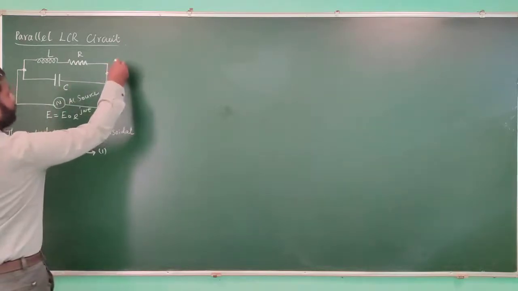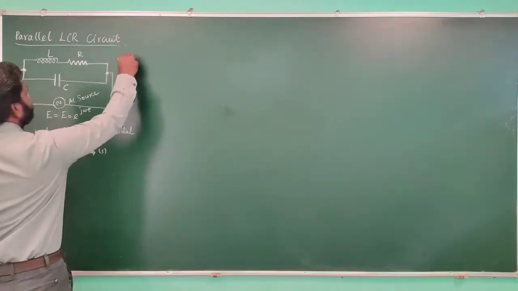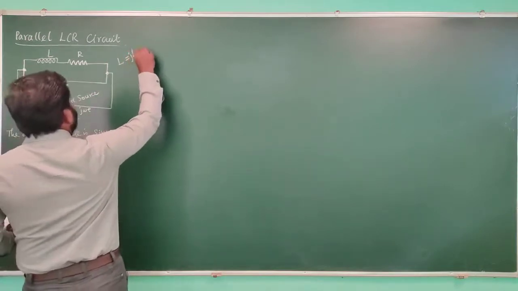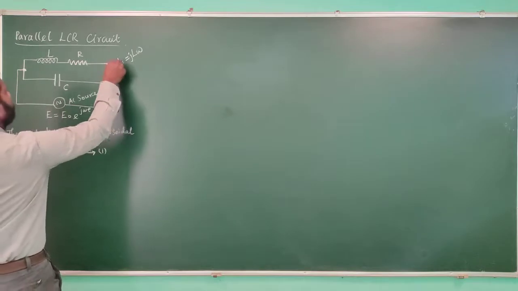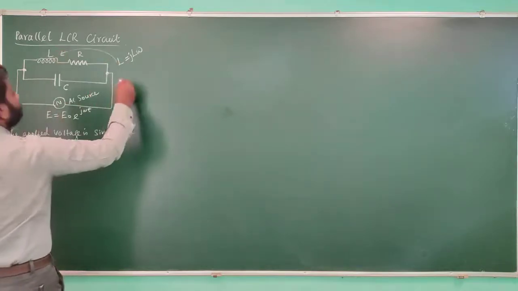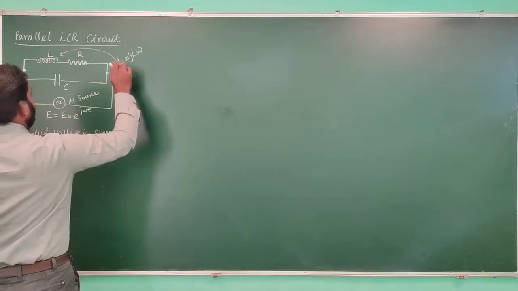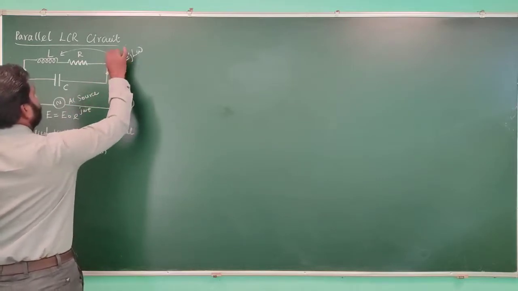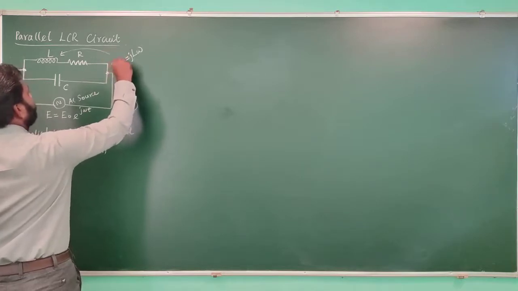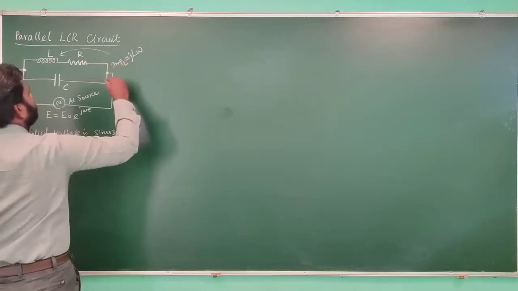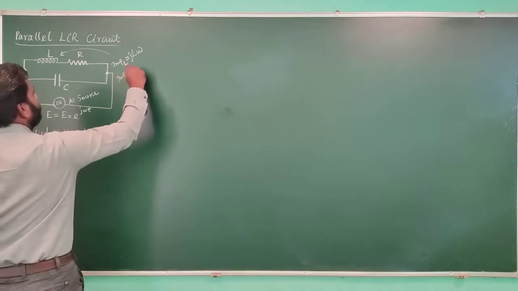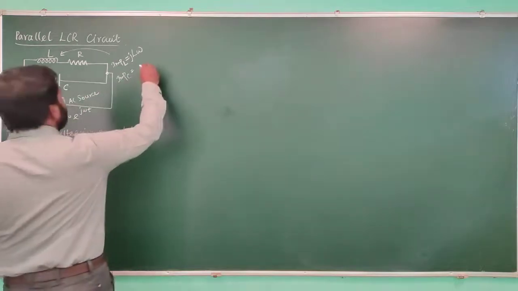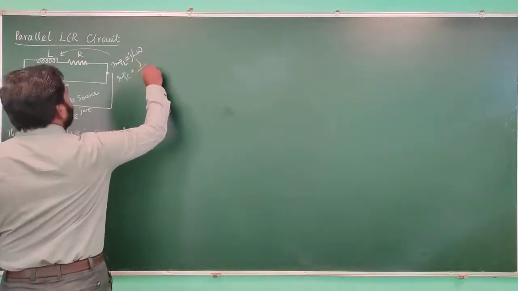We can write the complex impedance of the inductor as j L omega, and the complex impedance of the capacitor C, we can write as j by C omega.